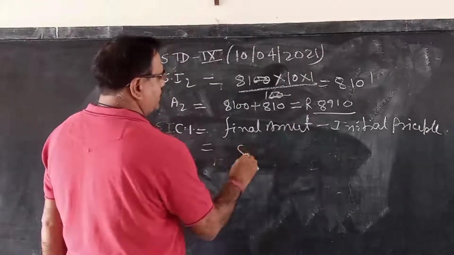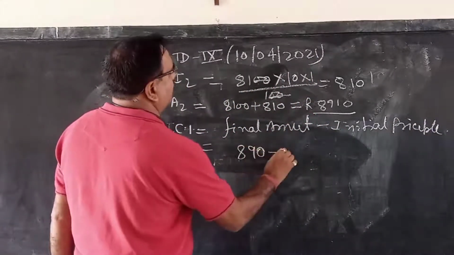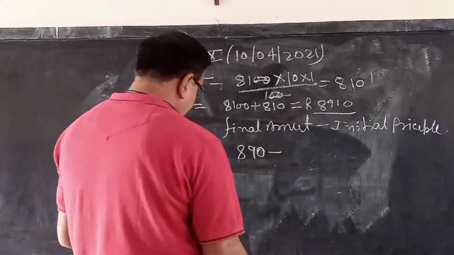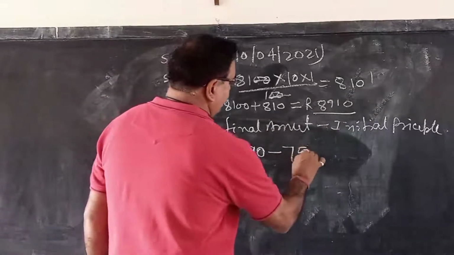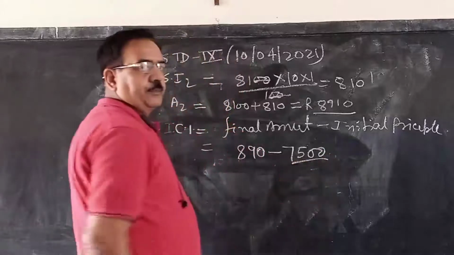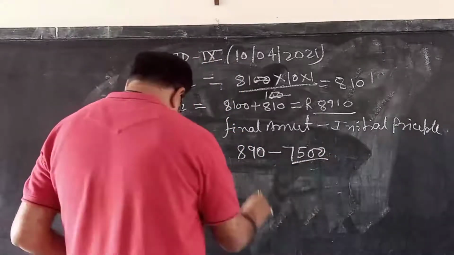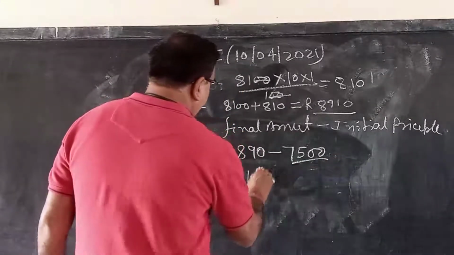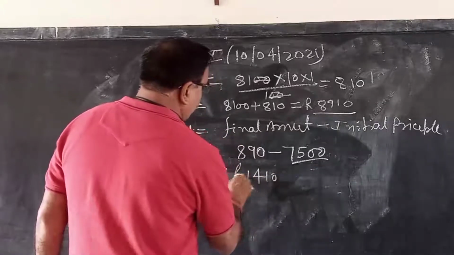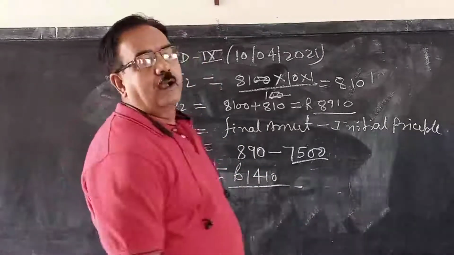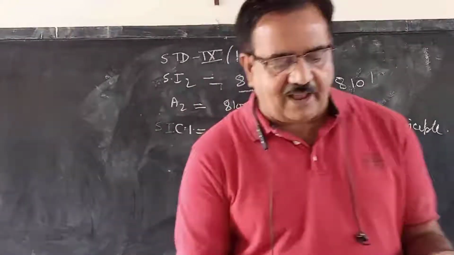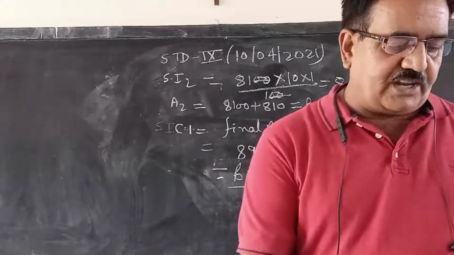So the final amount is 8910, and the initial principal is 7500. This is our initial principal. What is the compound interest? 1410. 1410 is the compound interest, and this is the answer of this question.